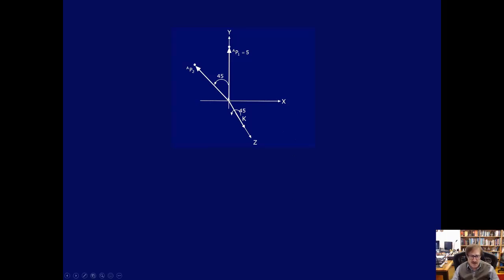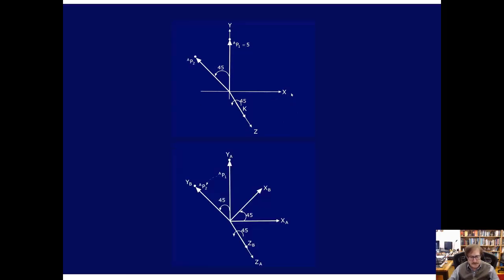We can see that the second frame, or the B frame, rotates with respect to the first frame about the z-axis by an angle of 45 degrees. Let's see how we can handle this.